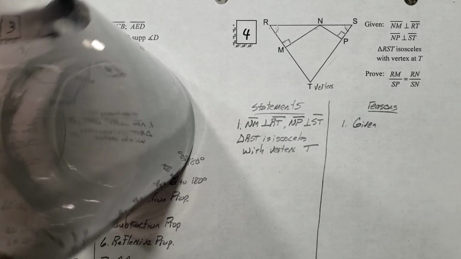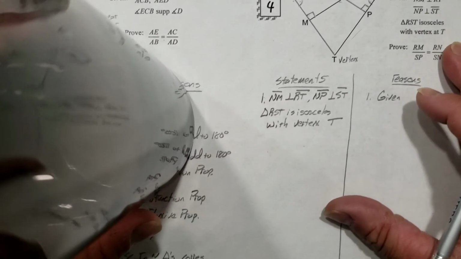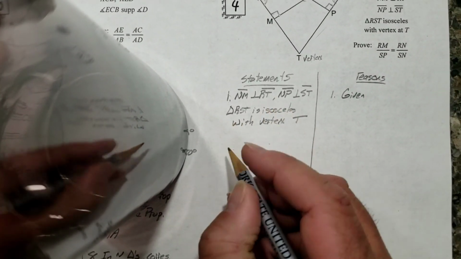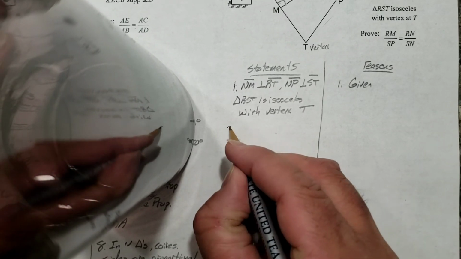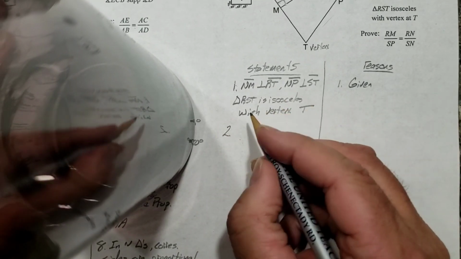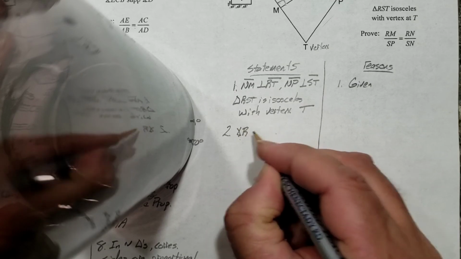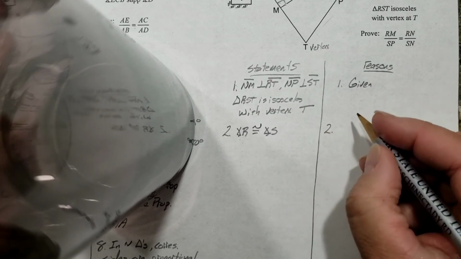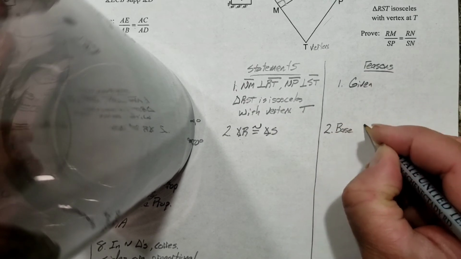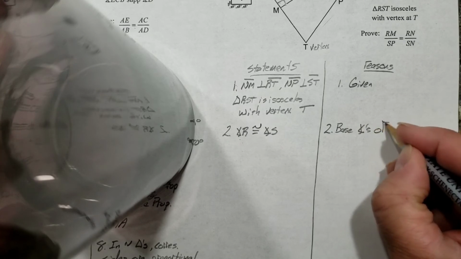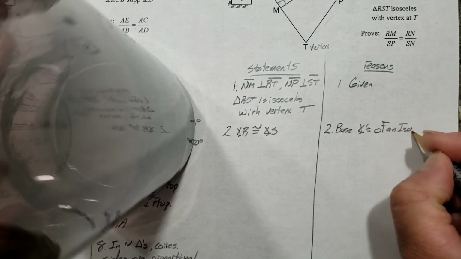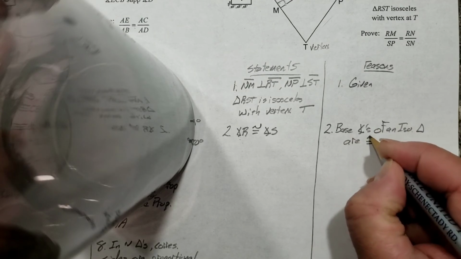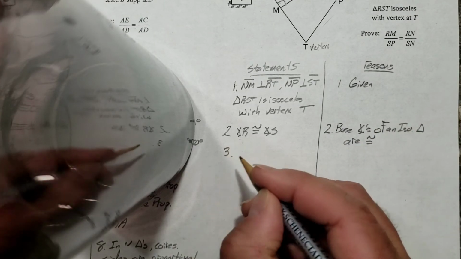This one might be a step or two shorter. Let's see. It seems like they've given us a lot. Here we go. Number 2 here. I'm going to go right off of the isosceles triangle. I'm going to say angle R is congruent to angle S, because base angles of an isosceles triangle are congruent. So that gives us our first angle.